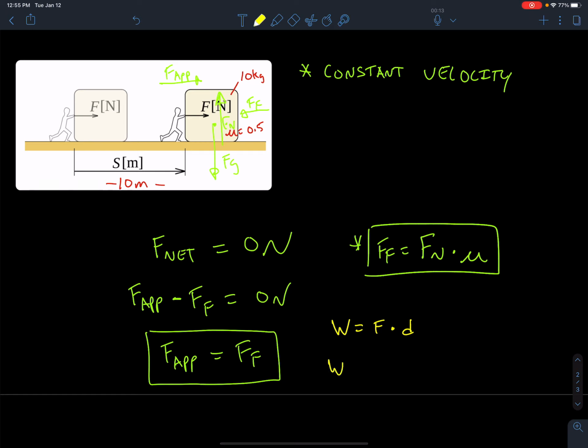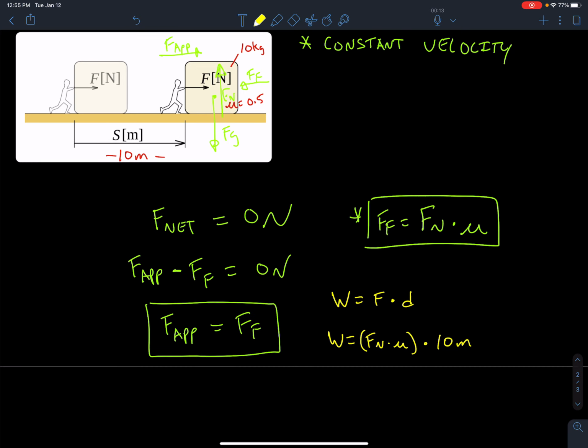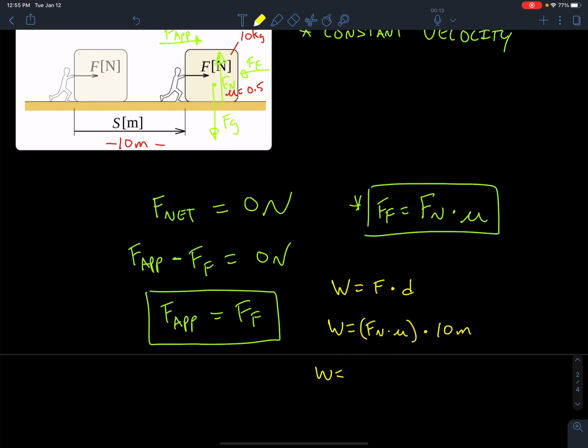So the work is going to be equal to the force that he's applying, which is my force of friction. So it's going to be equal to Fn times mu, that's the force of friction, times 10 meters, which is the distance that he put in. So the work is going to be equal to 10 kilograms times 0.5, which is the friction coefficient, times 10 meters again.